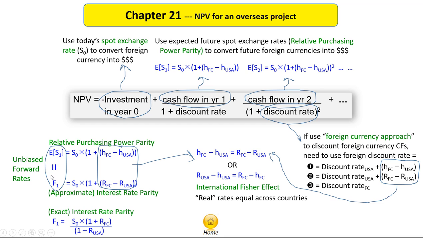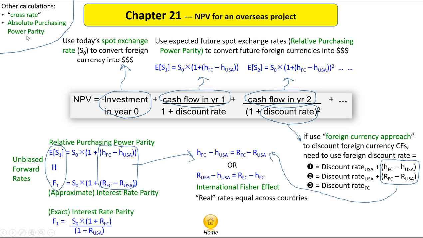Another thing that is true for the relative purchasing power parity and the approximate interest rate parity, if you compare them side by side, is that the expected spot exchange rate in 1 year equals the 1 year forward rate. This equality between these two things is known as the unbiased forward rates.